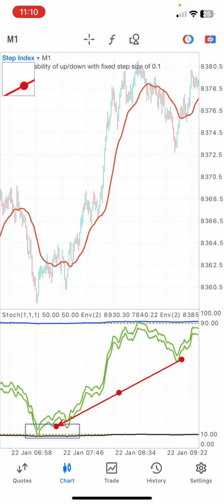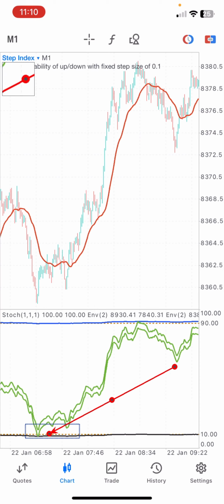That is a fake signal. You have to wait for the two touches to happen, which means it has to touch both the envelope line and the stochastic oscillator line. If it touches only one of these areas, that is a fake setup.